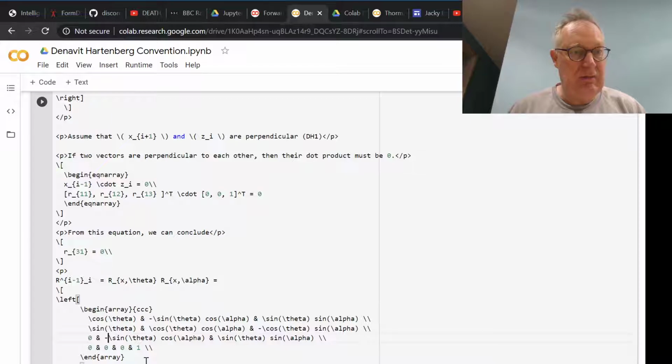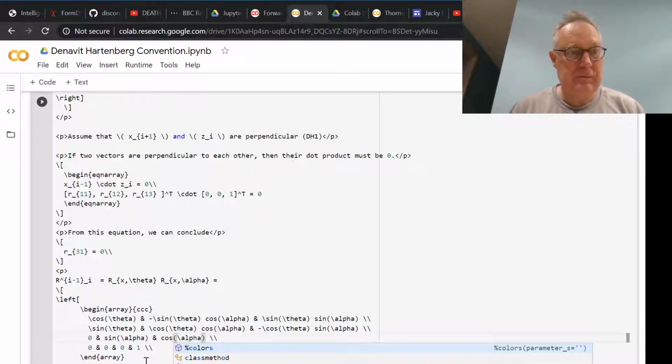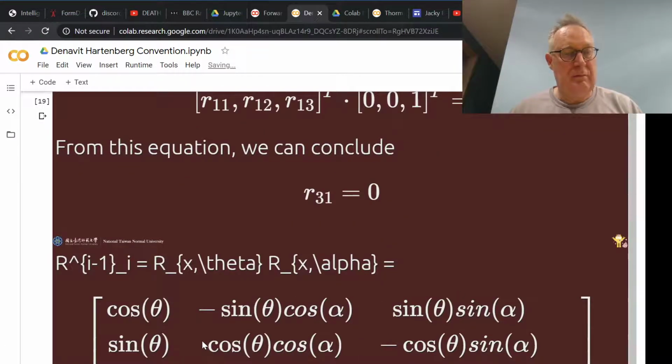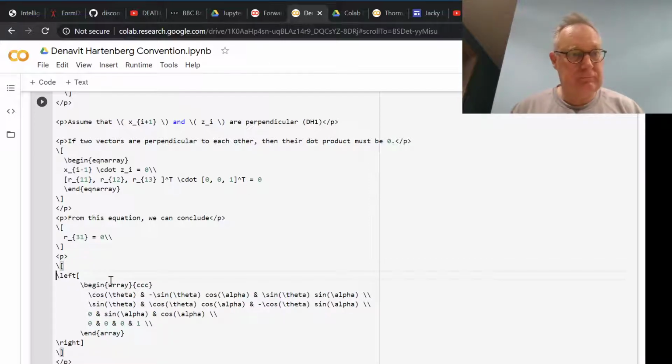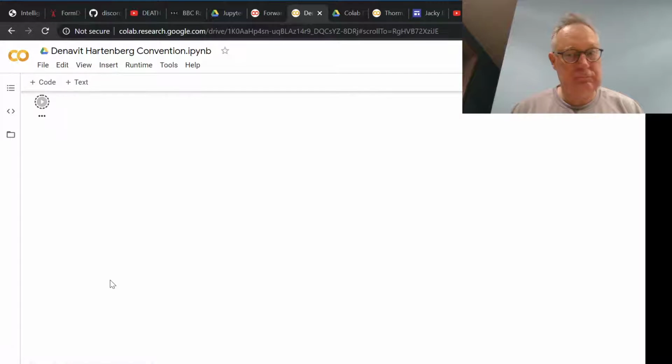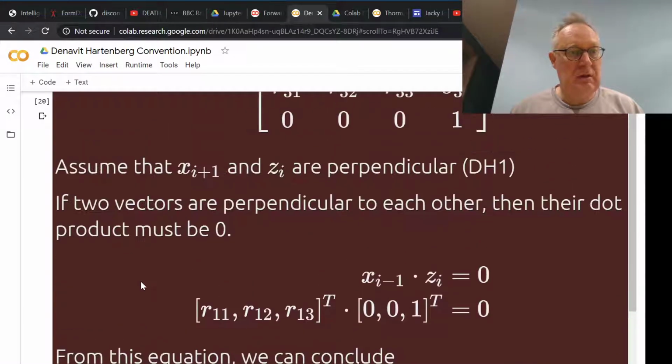And then we have sine alpha and cos alpha. Okay, how come this is like that?